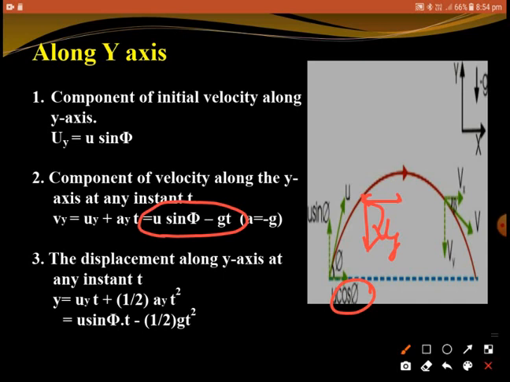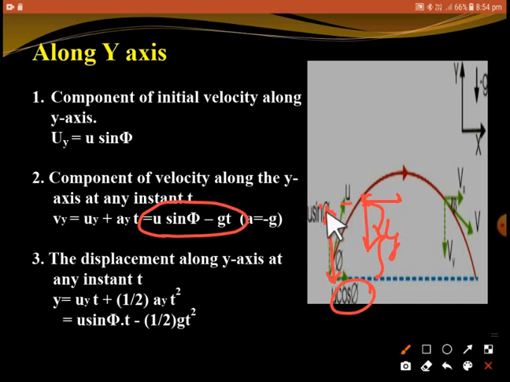This distance from the origin up to this point, we call the vertical displacement or displacement along the y-axis. For that, you need to use the kinematic equation s = ut + half at square. Here we cannot use s = vt simply because the velocity along the vertical direction, the y-axis, is not uniform.